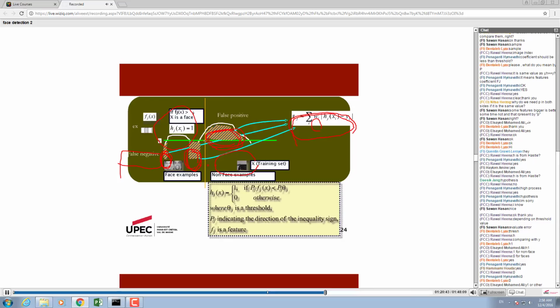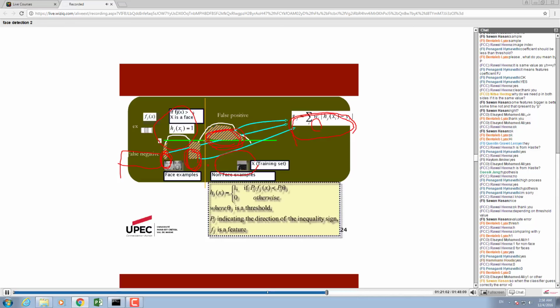The result can be sometimes 1, sometimes 0. When hj says 1, it means the weak classifier thinks the input image xi is a face. When hj says 0, it means, oh, I think it is a non-face. Again, this answer is not perfect. Sometimes it can be correct, sometimes wrong.